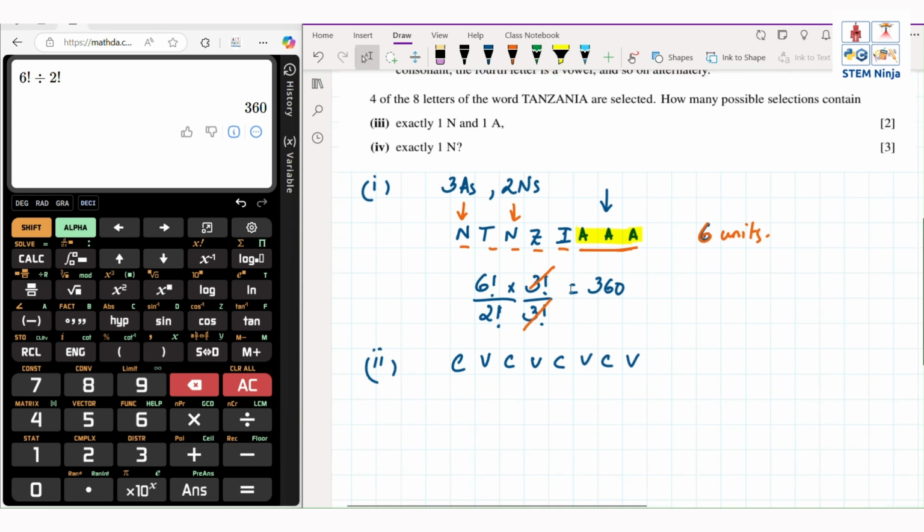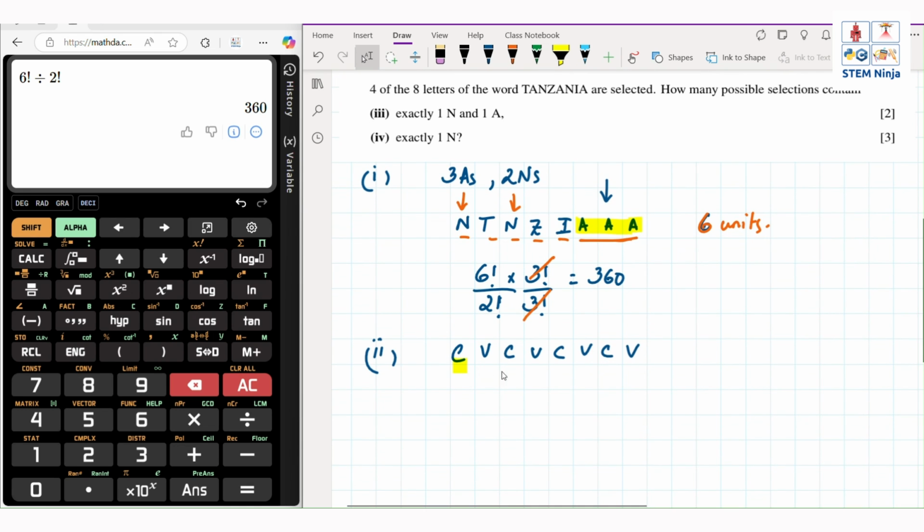So for consonants, we have 4 consonants in total because we have T, N, N, Z. Although 2 are duplicates, so we will do 2 factorial.